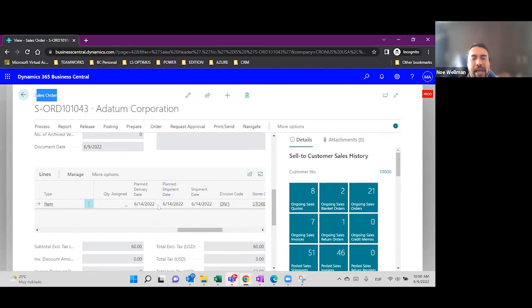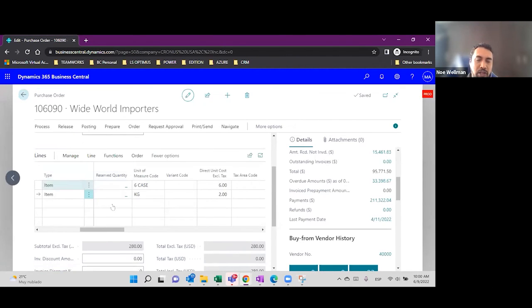And why didn't a replenishment system create it? Because the vendor requires 2 weeks to provide this item. So at least what I can do is create the purchase order that already reserves these units for that customer only. That's another way of working.